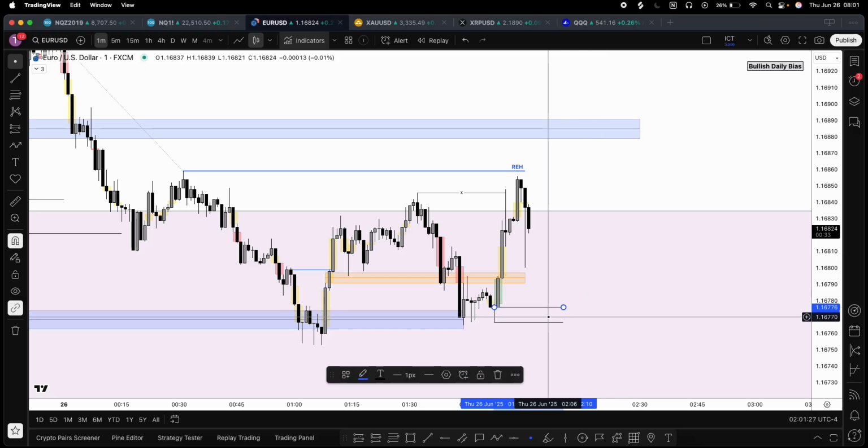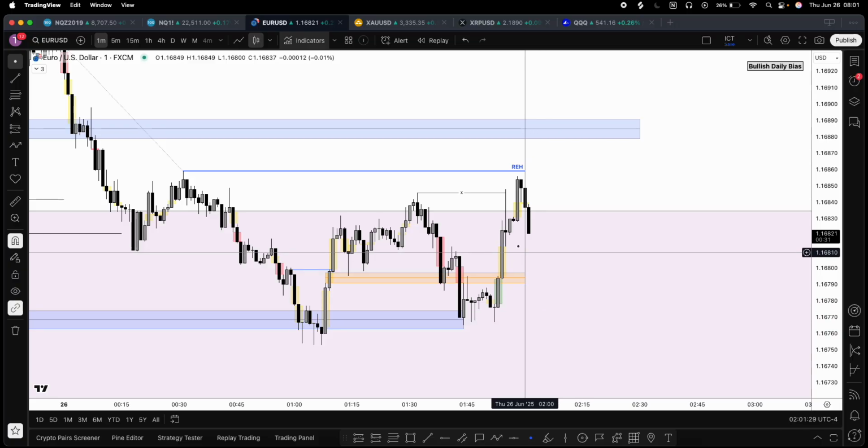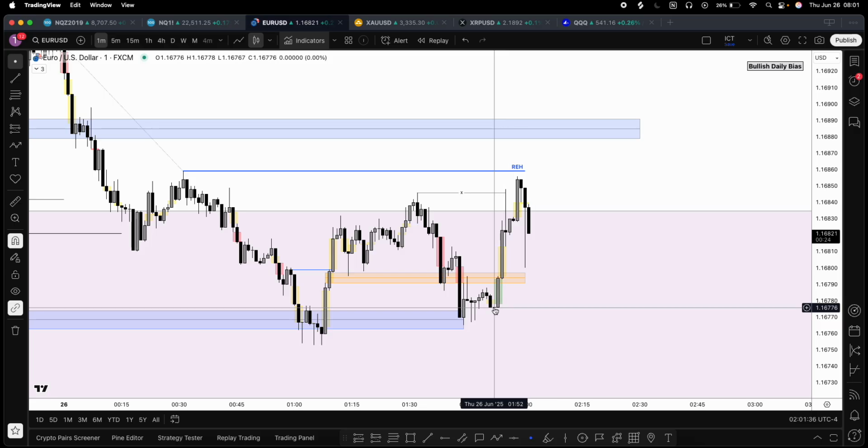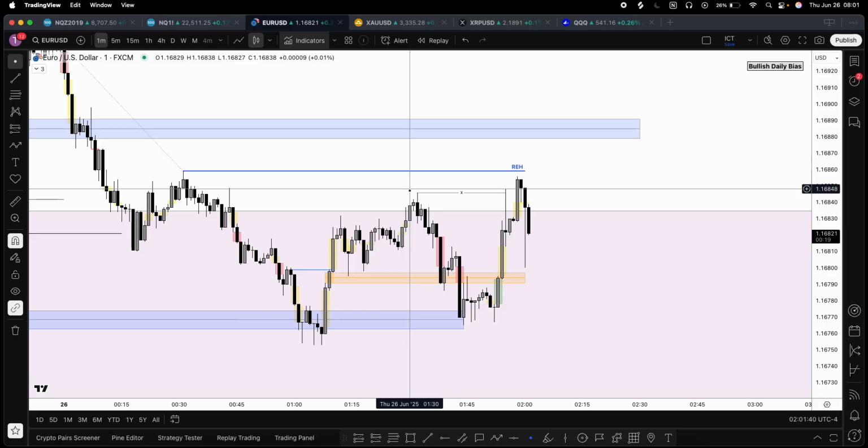Yeah, this entry model is not looking so good anymore because price swept this high again. Generally, we want the last series of up close candles that was involved in the actual sweep.